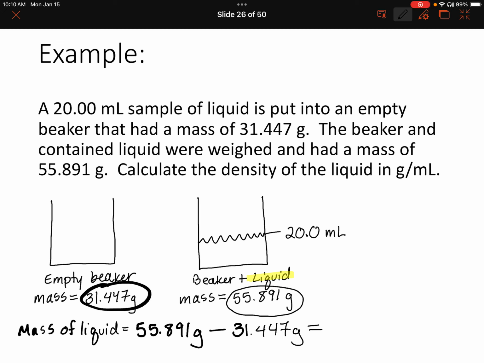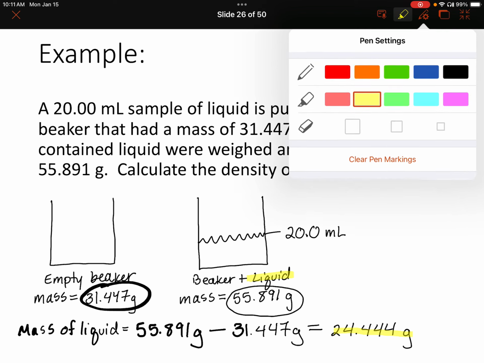All right, so if you have a calculator, I encourage you to get that out so we can actually do this calculation together. When I type it into my calculator, I get a value of 24.444 grams. So that's the mass of our liquid by itself.